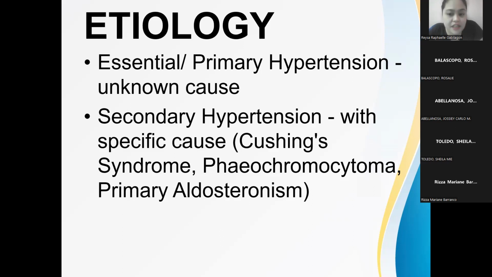Example, the Cushing syndrome, the pheochromocytoma, and the primary aldosteronism. When you say Cushing syndrome, the person has a tumor in the pituitary gland in the brain, and that tumor releases a lot of ACTH hormone.